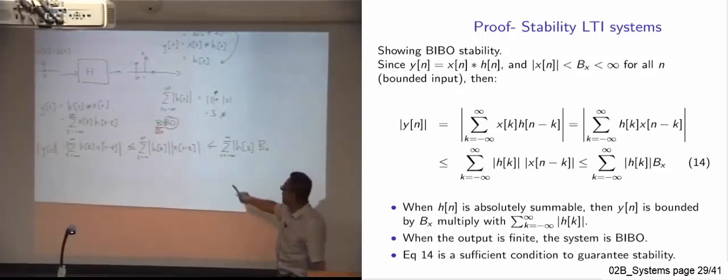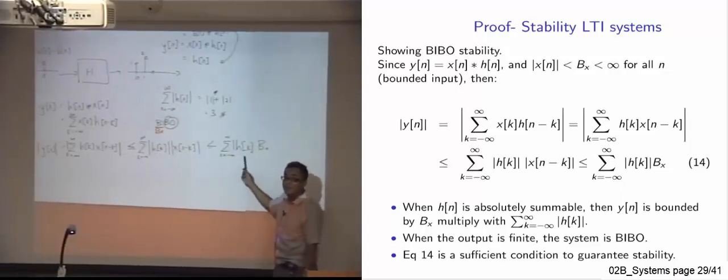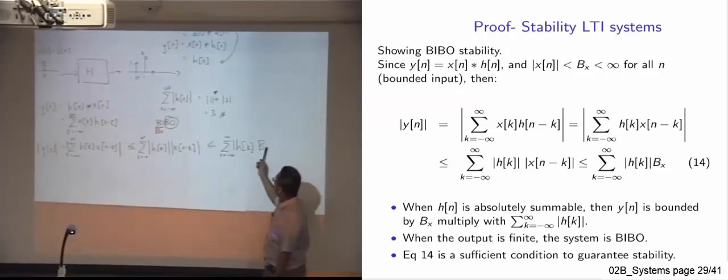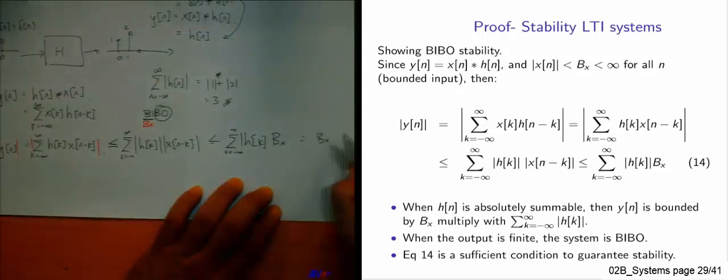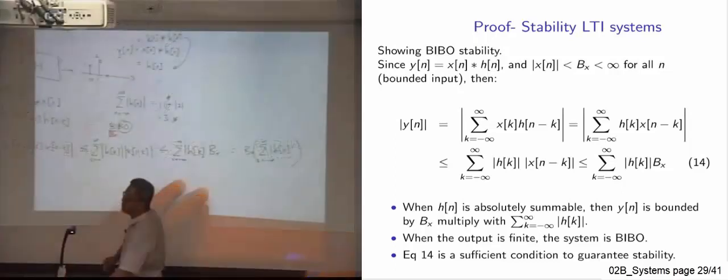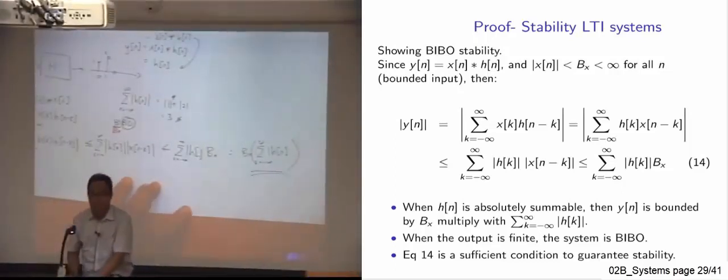Come guys, the impulse response must be absolutely summable. See? Not bounded, absolutely summable. If I bring this guy out, then only this condition is interesting.